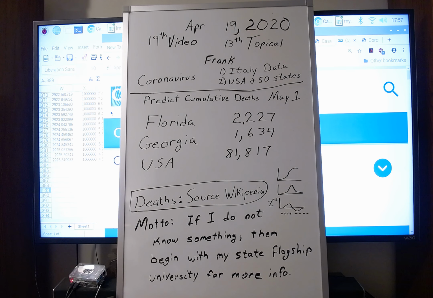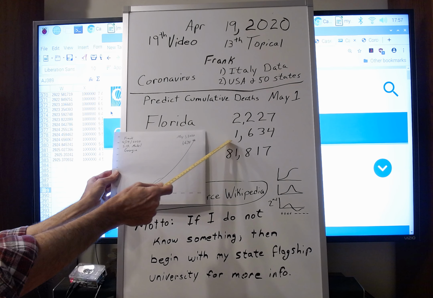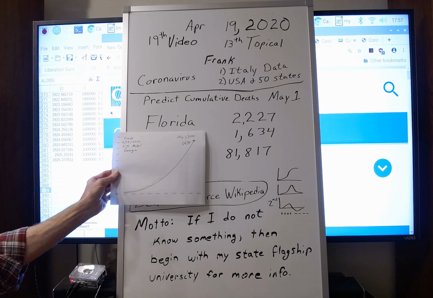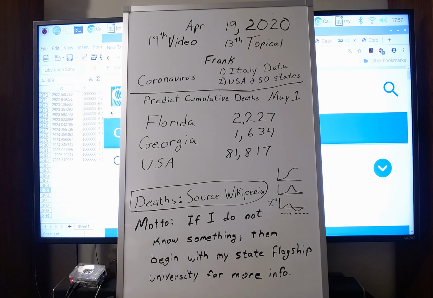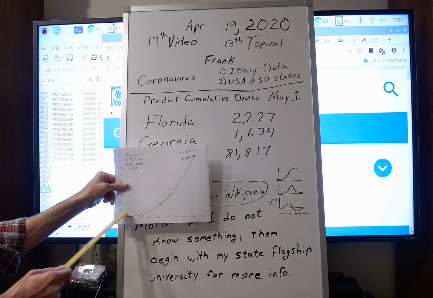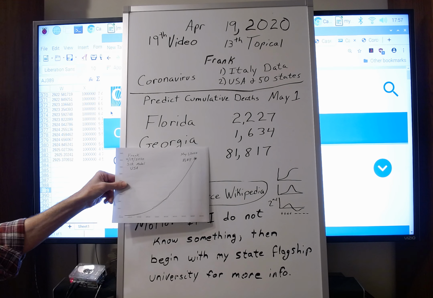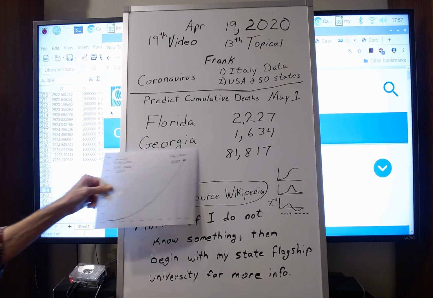For Georgia, predicting 1,634 deaths May the 1st. And then for the USA, predicting 81,800 and almost 82,000 deaths.